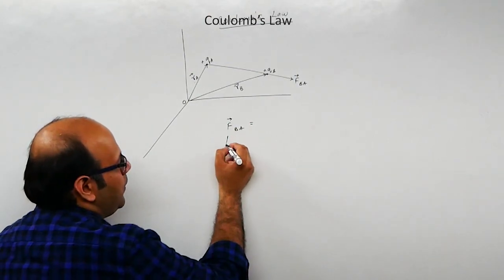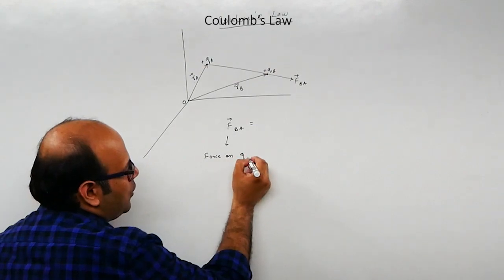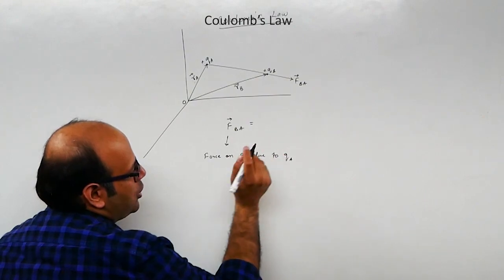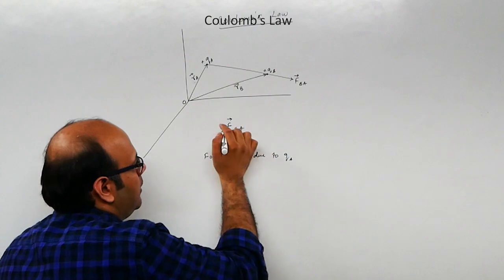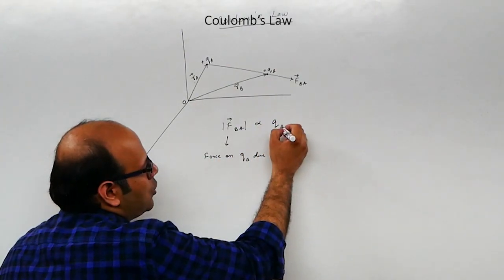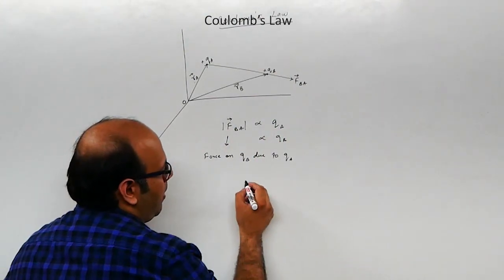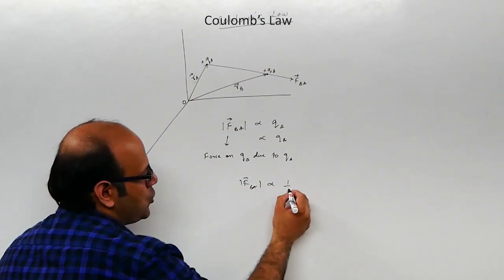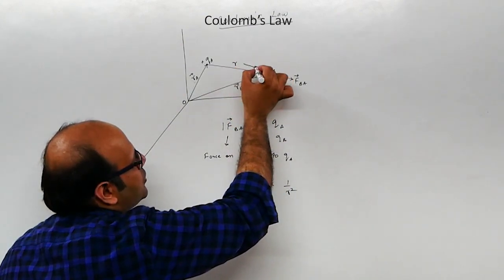So in case I need to find the force on B because of A, how do you read this? This is the force on B, so on QB, due to the charge QA. It turns out that the magnitude of the force is proportional to the two charges, and the force is inversely proportional to the square of the distance between the two charges.